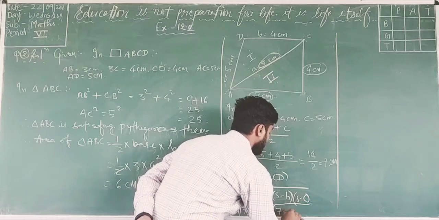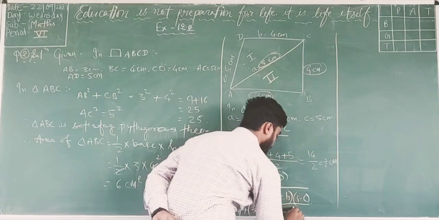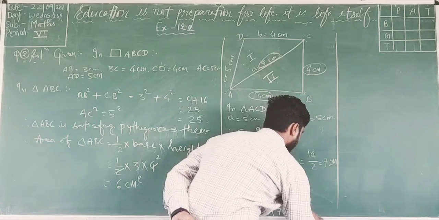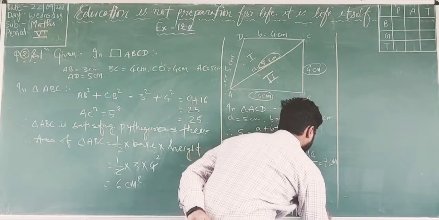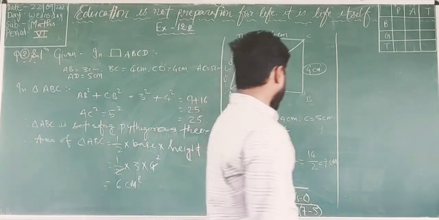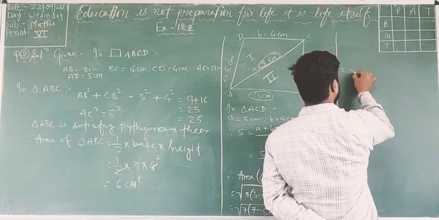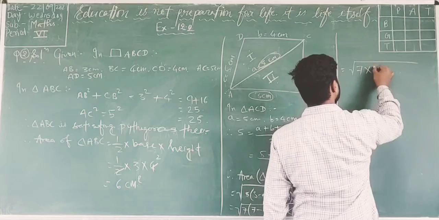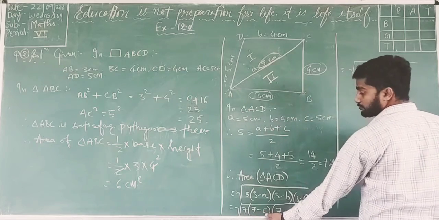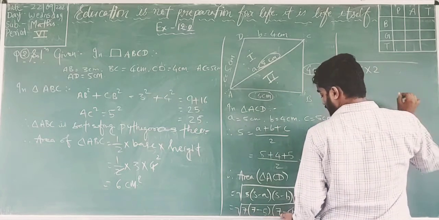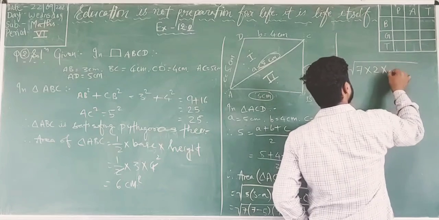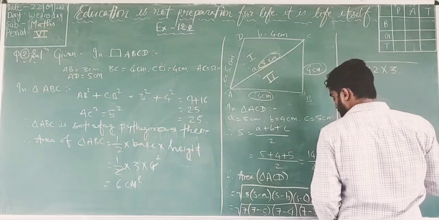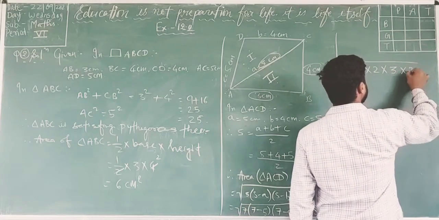Again 7 minus B, that means the value of B, 4. And last 7 minus C, that means 5 again. So solve it. There is 7 multiplied by 2, because 7 minus 5 there will be 2. And again 7 minus 4 then 3 and 7 minus 5 there will be 2.